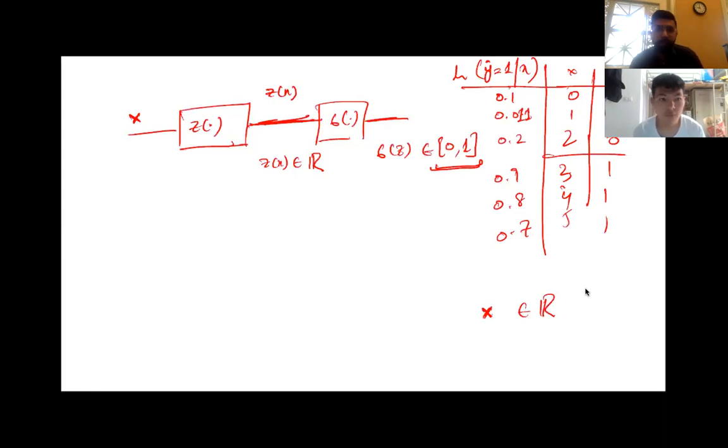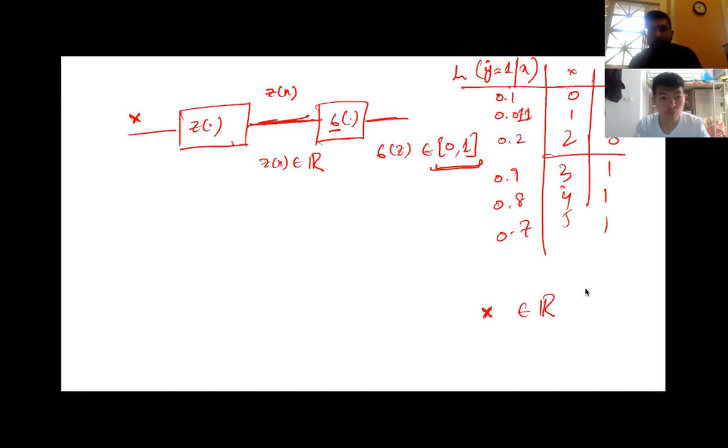Okay. So do we know some functions which can do that for us? Do we know a function which takes in a real number and outputs a number between 0 and 1? ReLU probably not, because ReLU is bounded between 0 and positive infinity. Sigmoid, yes.